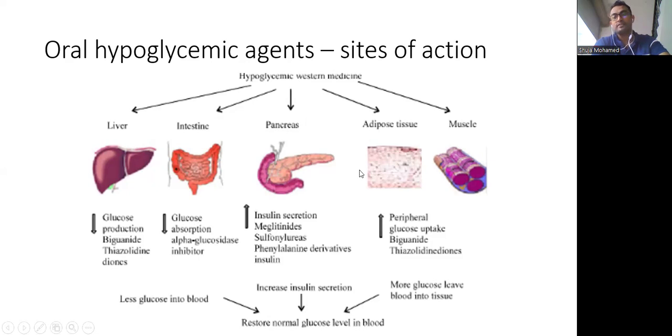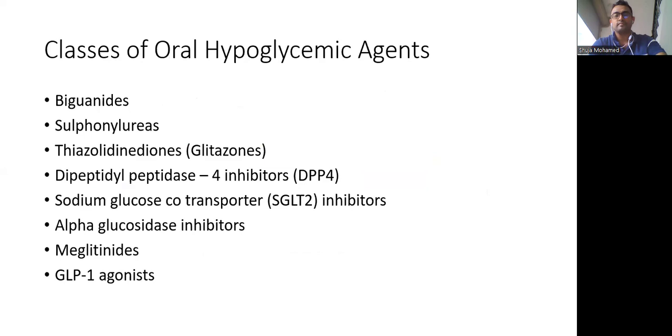And at adipose tissues, it increases peripheral glucose uptake: biguanide, thiazolidinedione. Again, allocate 2-3 minutes to go through this slide and understand it.